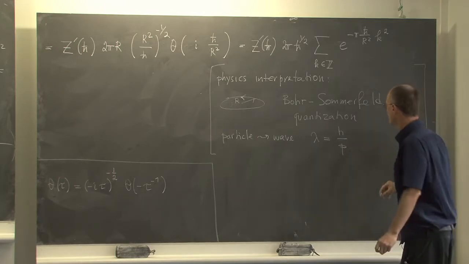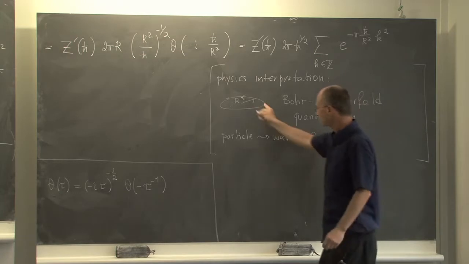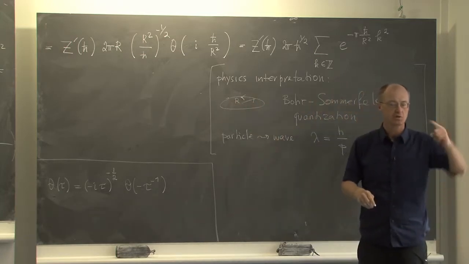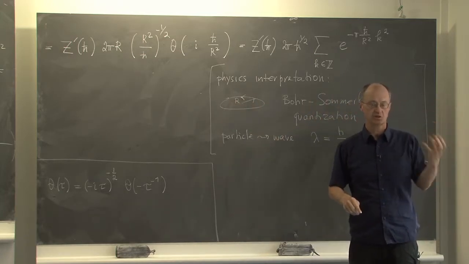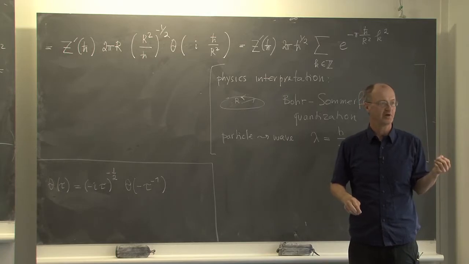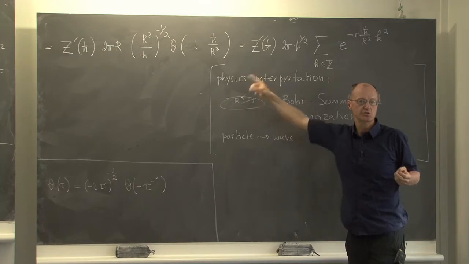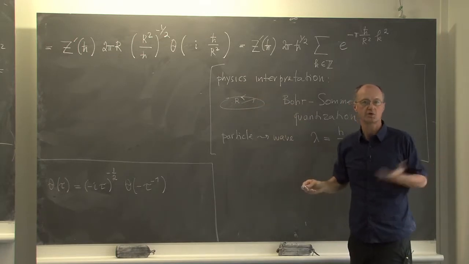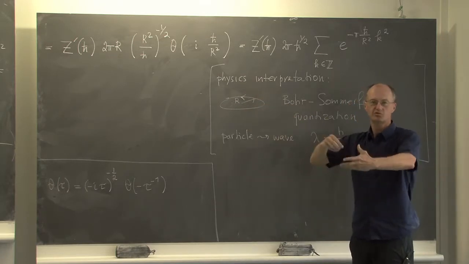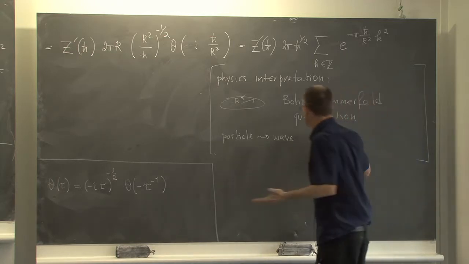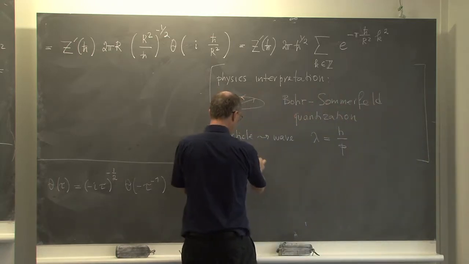And if your particle is on the circle, you would want an integer number of wavelengths to be in the circumference of the circle. Otherwise, your wave wouldn't fit there, roughly, right? That's the idea.